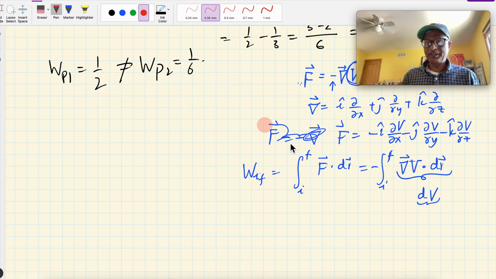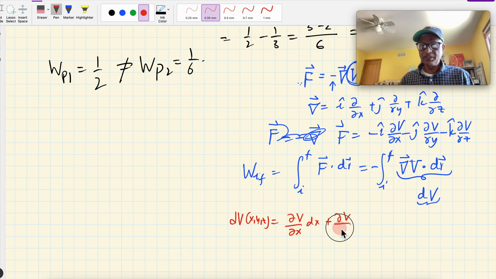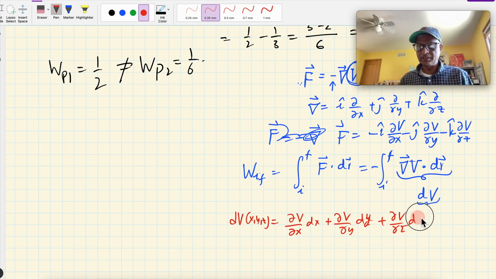If you don't know how I got that dV, which is a function of x, y, z, then it will be dV/dx dx, this must change along x, dV/dy in the direction of dy, plus dV/dz dz.